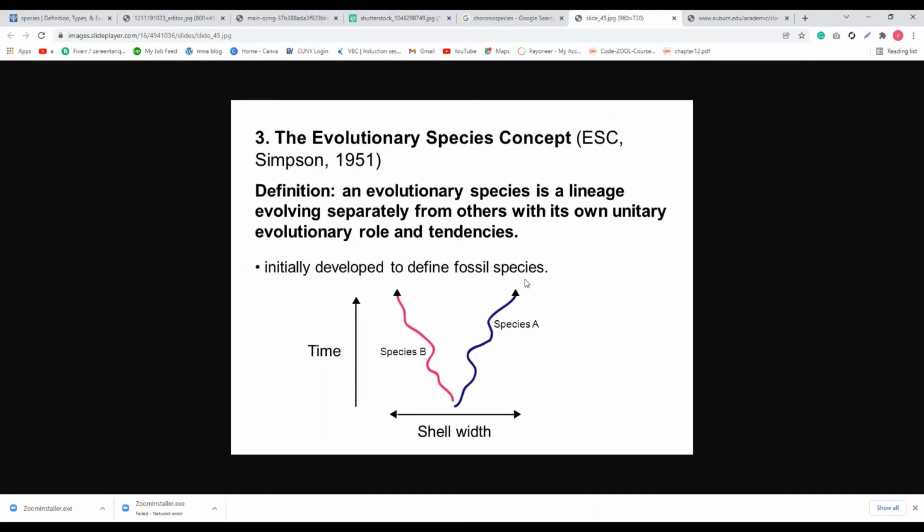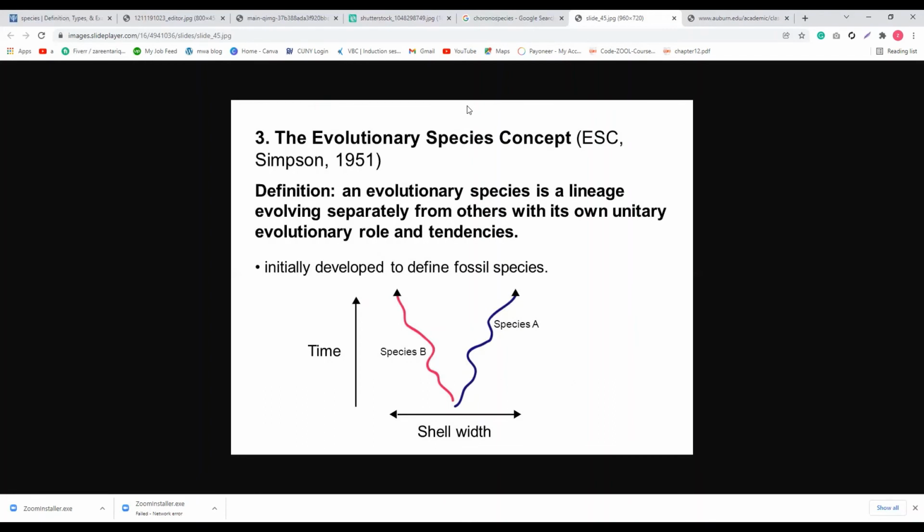Another factor: there is one positive thing, that this concept is useful. It explains the morphotypes in a single phyletic lineage. Now we will see what morphotypes means. Morphotypes are individuals that show variation within the same population of a species.